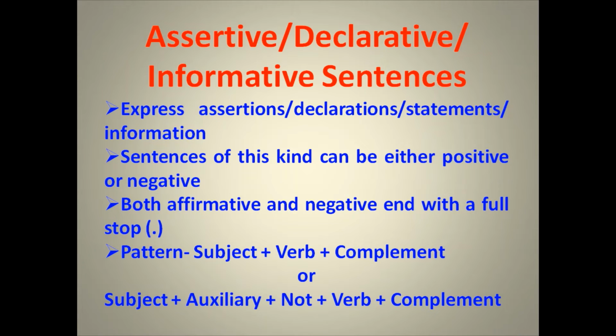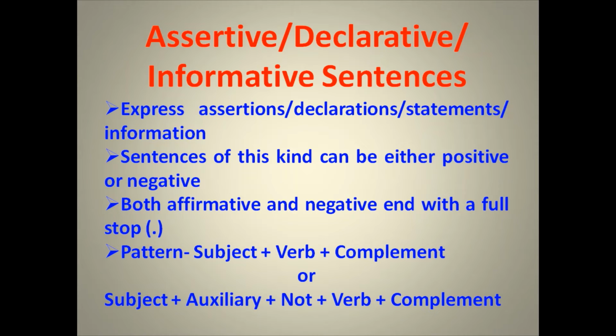Suppose a sentence doesn't have any auxiliary verb. In that case, we have to add an auxiliary verb in respect to the subject. Like one example, I go to school. I is the subject, go is the verb, to school is the complement.